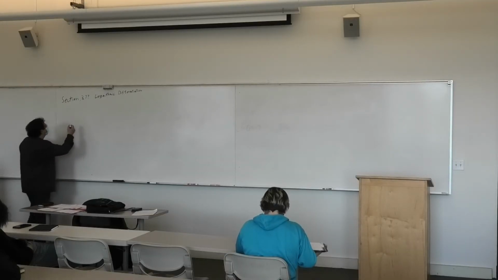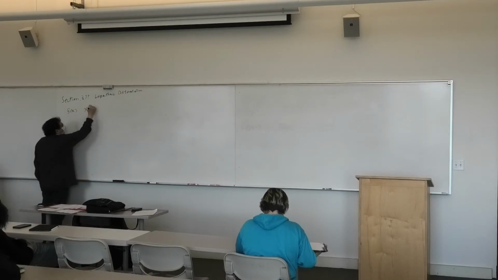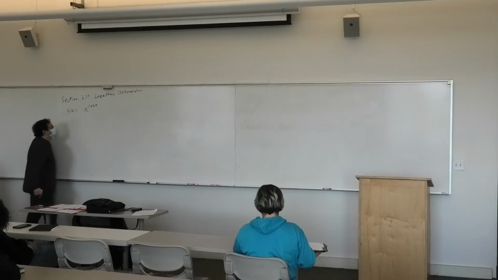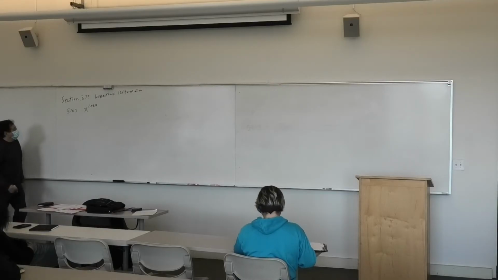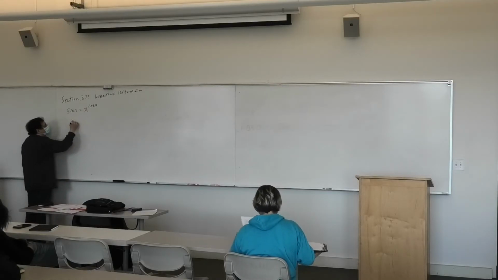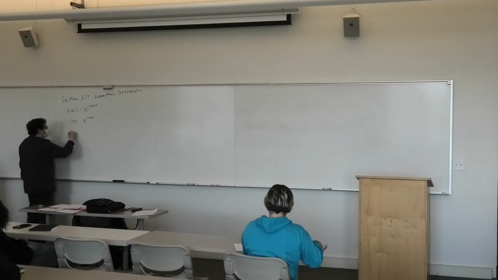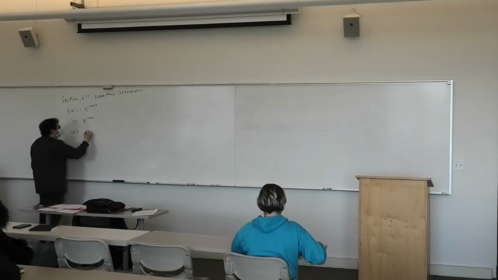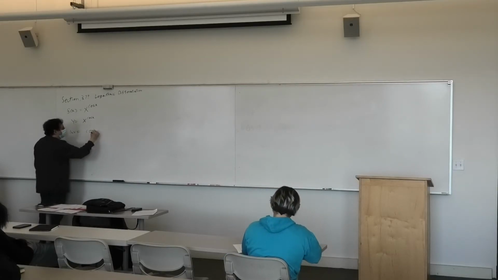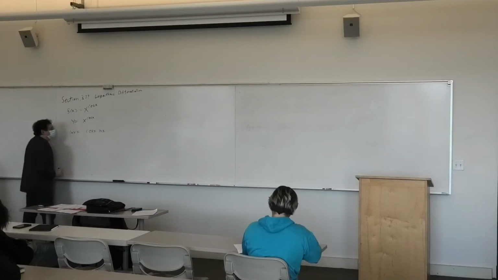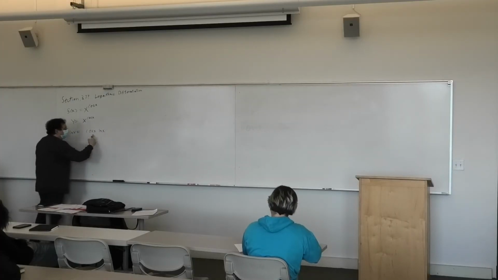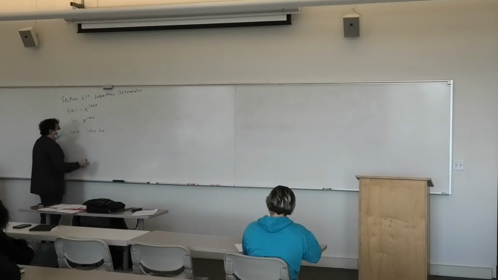What if your function was x to the cosine of x? So y equals x to the cosine of x. Log of y is log of x to the cosine of x, or cosine of x log of x. Oh, and now we have a nice easy derivative here.